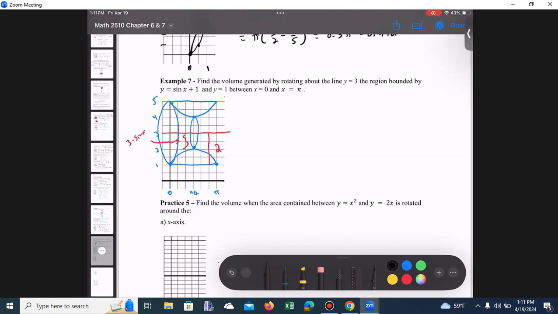Alright, so we can write this now. V equals pi times the integral from 0 to pi of the outer radius, which is 2 squared, so it would be 4, minus your inner radius, which would be 3 minus sine of x plus 1, squared, dx.